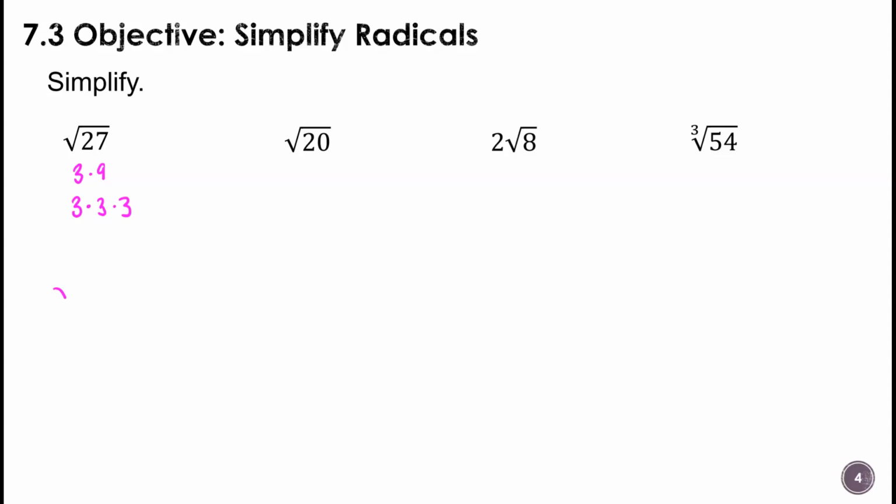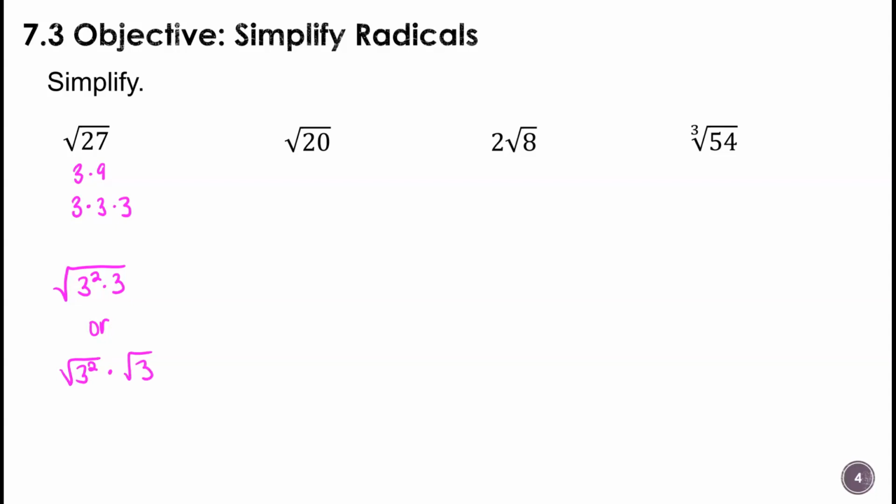So I'm going to write this under the radical as 3 squared times 3. Now I've got 3 to the second power, which means the root of that is going to be 3. You can also write it this way: the square root of 3 squared times the square root of 3.